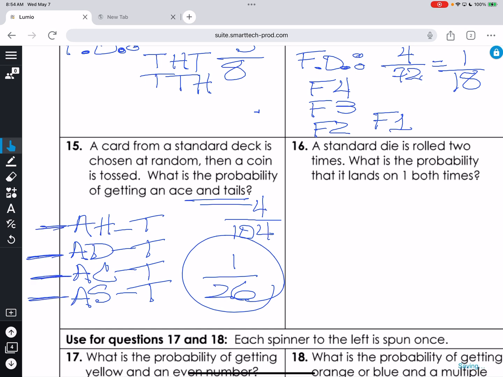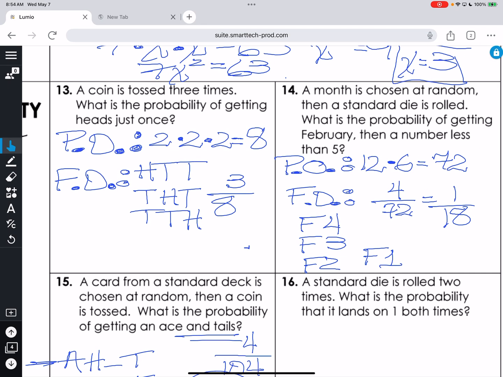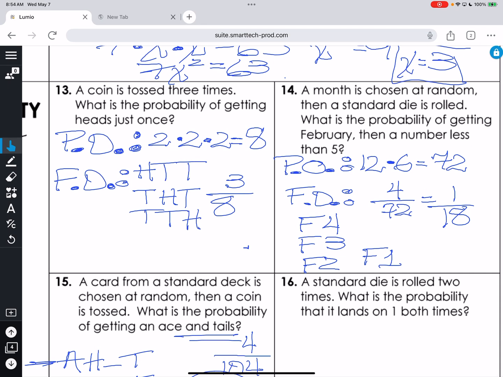On the 14, when you got 72, so did you just do? We had February, but then we were looking for numbers less than 5. 1, 2, 3, 4. So I guess we could have gone at it a different way, but it said February first.